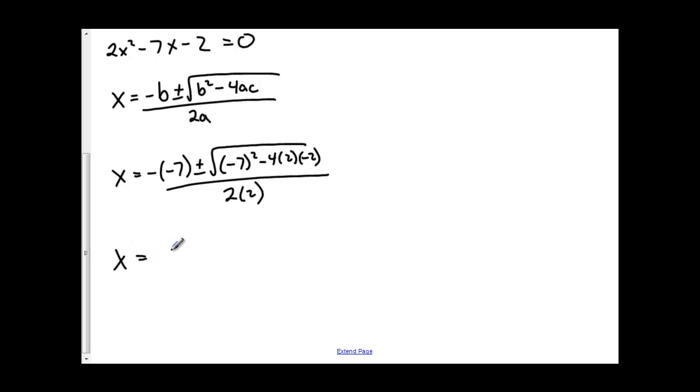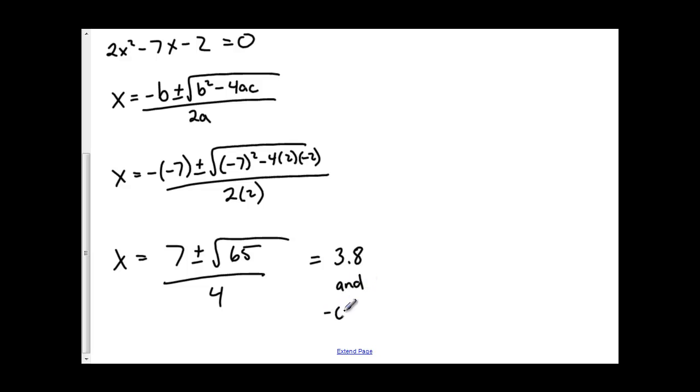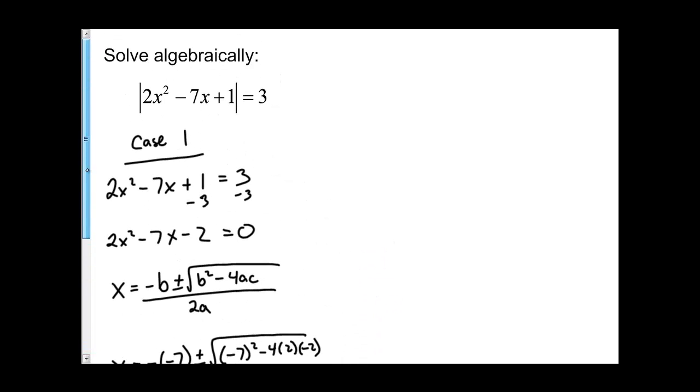Simplifying this a bit more, I get 7 plus or minus the square root of 65 all over 4, which is 3.8 and -0.3. If I substitute those back into my original equation, it actually turns out that they both work.